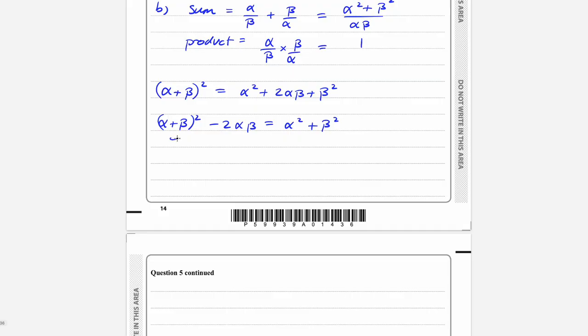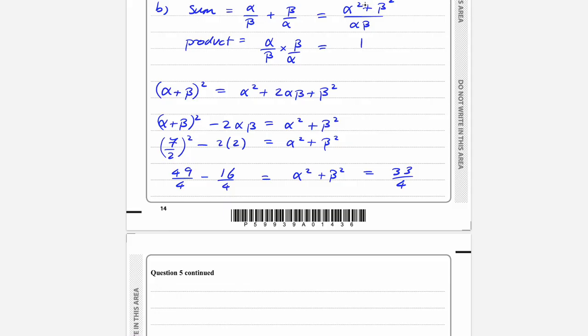So 7 over 2 squared minus 2 times 2 equals alpha squared plus beta squared. This is 49 over 4 minus 16 over 4, which is 33 over 4. Okay, so alpha squared plus beta squared is 33 over 4.